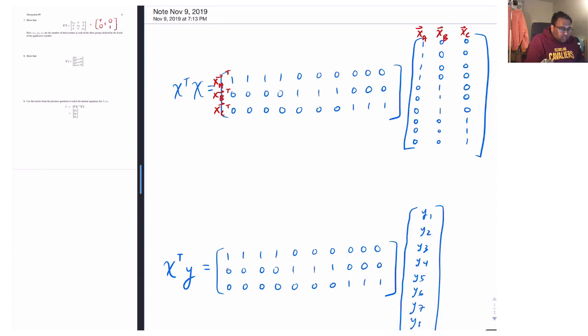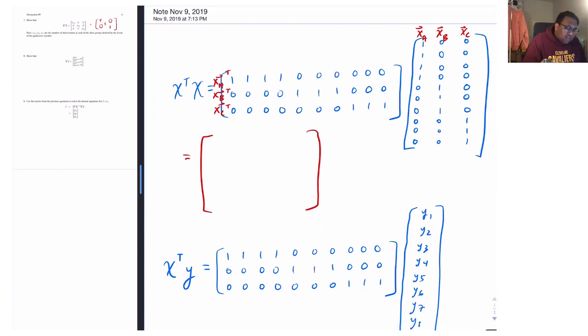Okay, so the first key observation to make is that when you look at X transpose X, it's actually a matrix of dot products. Sometimes X transpose X generally is referred to as an inner product matrix. Well, why is that the case? We know, from the question, that X transpose X will have 9 elements in it.